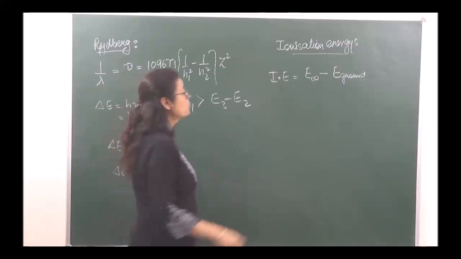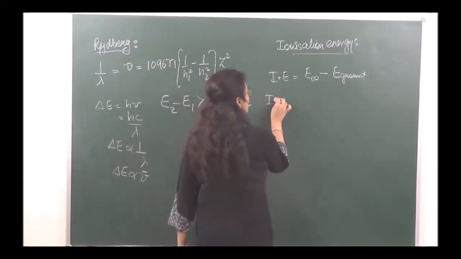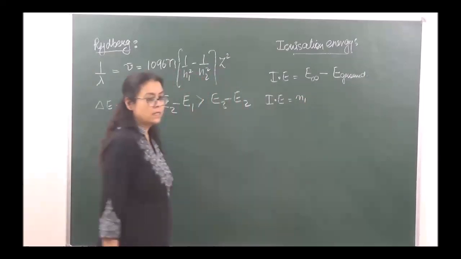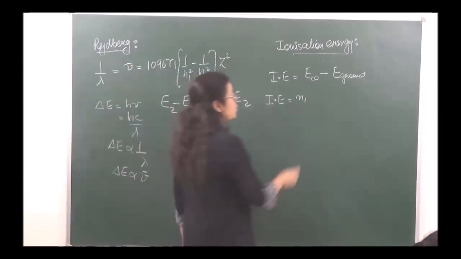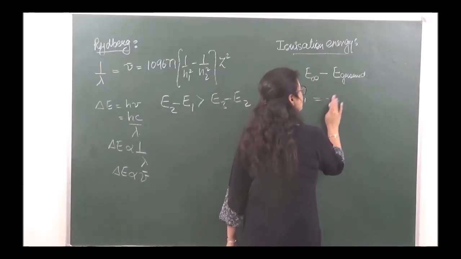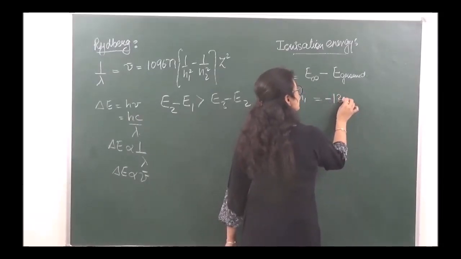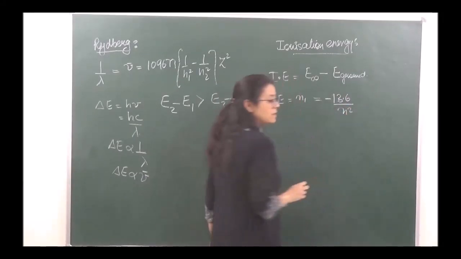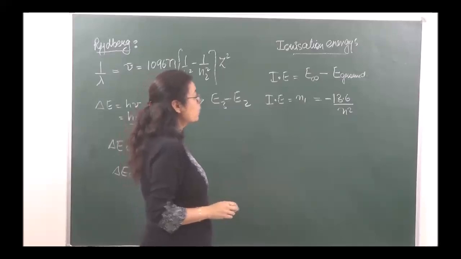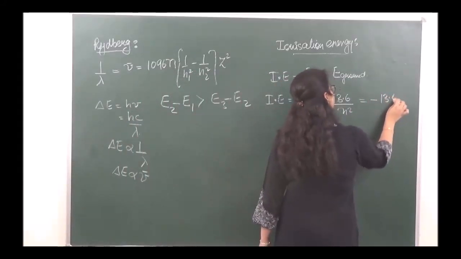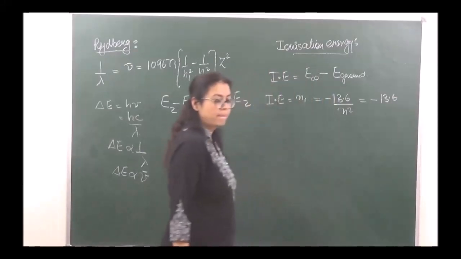Let's say we want to find out the ionization energy of the electron when it is in the n1 state, calculated in electron volts per atom. The energy is equal to minus 13.6 upon n square into Z square. When this is for n1, that becomes equal to minus 13.6.